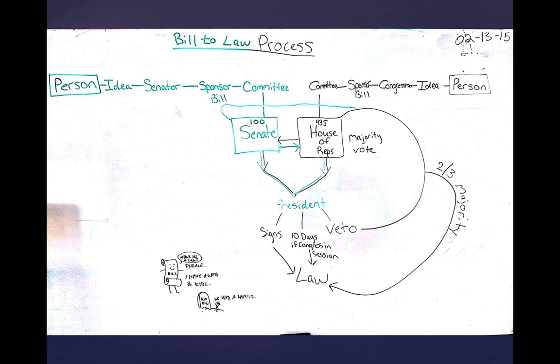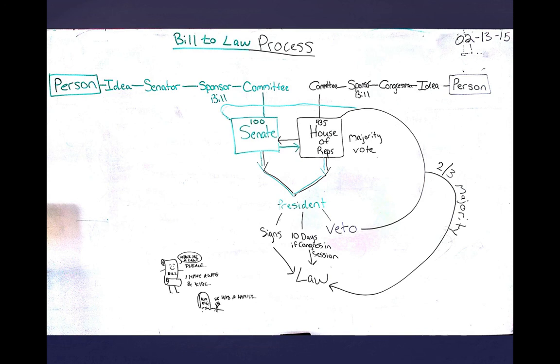Additionally, if the president does not act on a bill while Congress has been in session for 10 days, then it can become a law too, but that doesn't really happen too much, if ever.